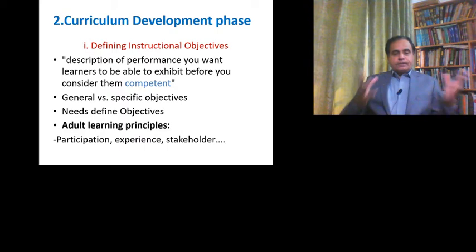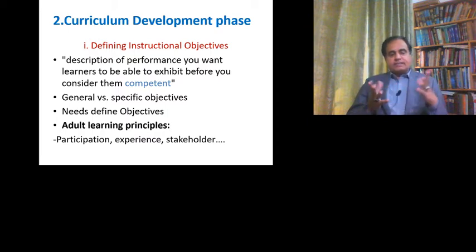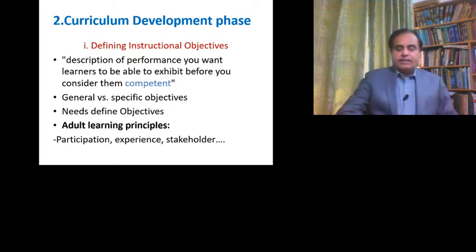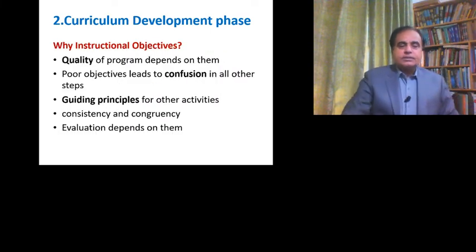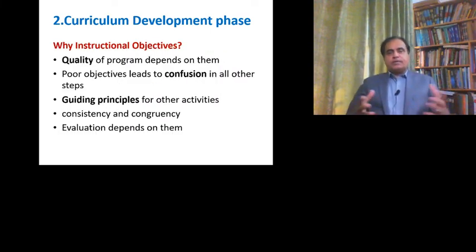While defining instructional objectives, adult learning principles should be kept in mind, because adults like participation, they like experience, and they are the main stakeholders. So they should be considered.